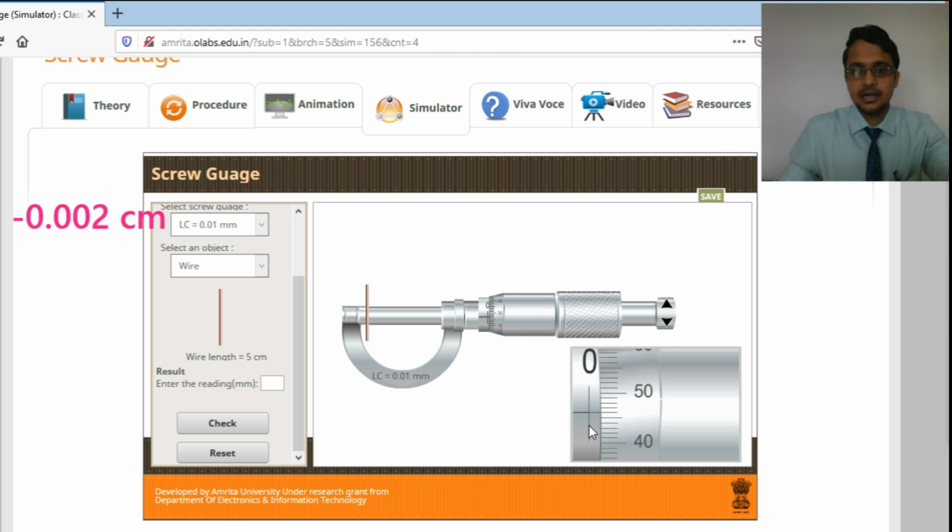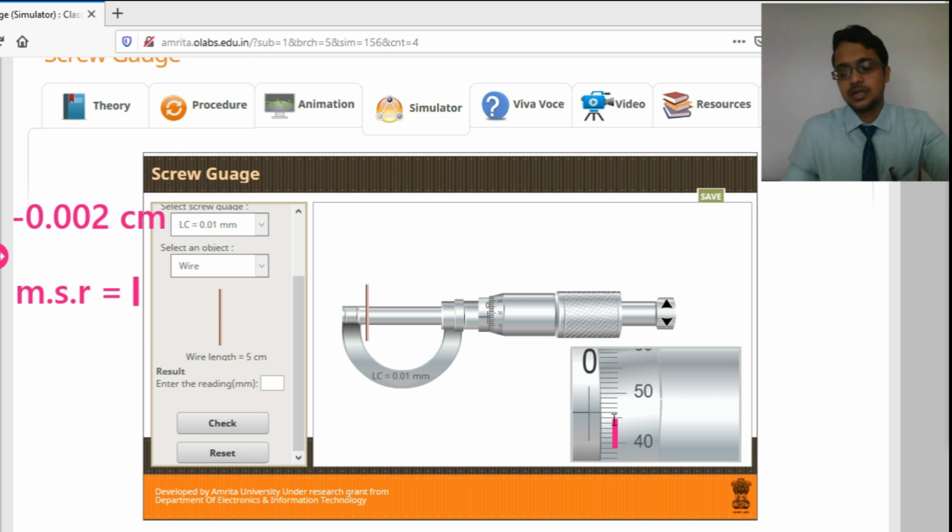Here, first we will write the main scale reading, the scale on the baseline. What will the main scale reading be here? Main scale reading means the marking on the baseline which is just crossed by the circular scale.